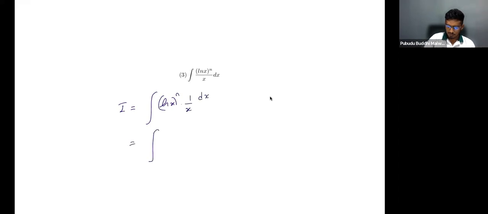So I would like to express it like this. Now here, again, focus on this part, natural log of x to the power of n. The inner function is natural log of x. That's very important. Then here we have the derivative of the inner function.